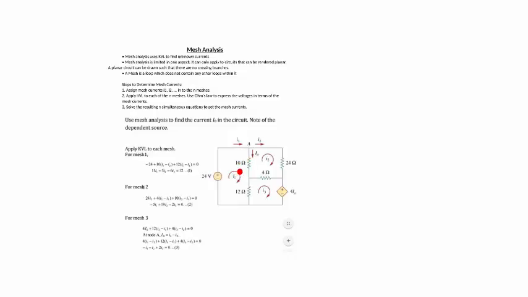Since there are 2 currents involved, I'll do 10 into I1 minus I2. Then you add that to 12 into I1 minus I3. Note that there is also a dependent source, and whatever value this source has will be dependent heavily on this current, on this branch that has been given to us by the question.